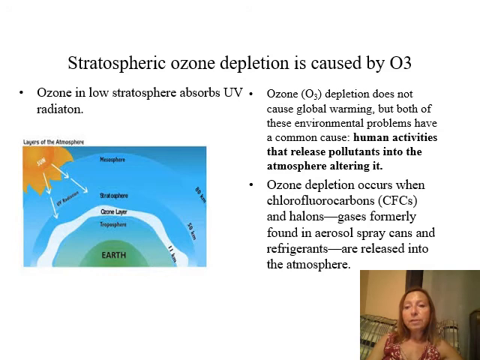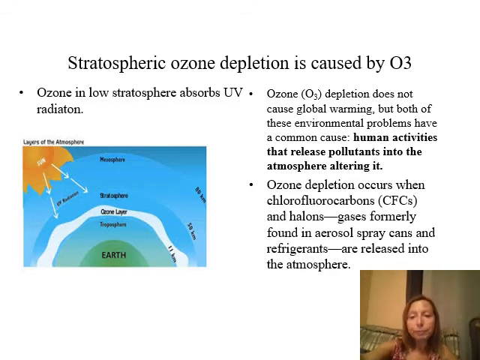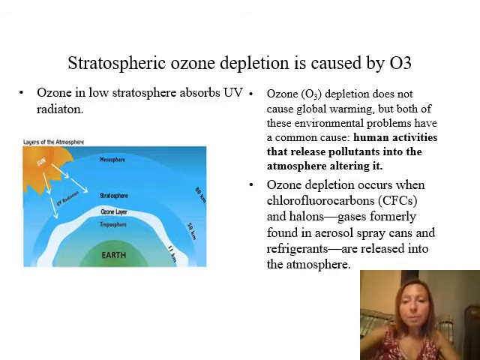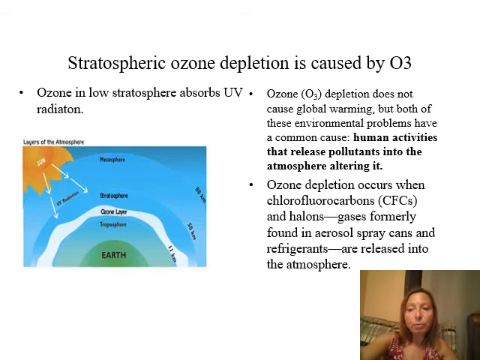So the CFCs and halogens, they are both very potent greenhouse gases. They're synthetic, they're entirely artificial gases. They don't exist in the natural world. And those are the same substances that are also contributing to the destruction of the ozone in the stratosphere.